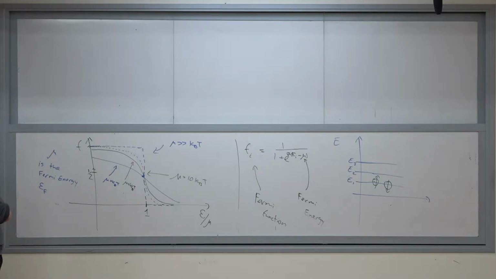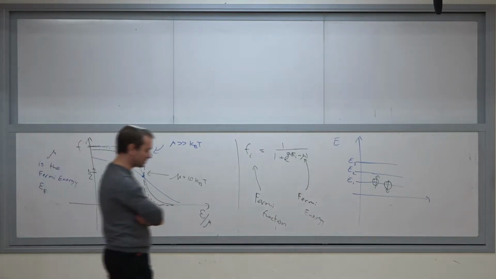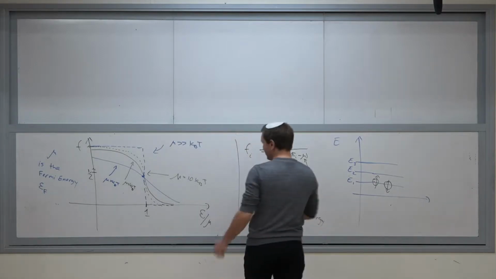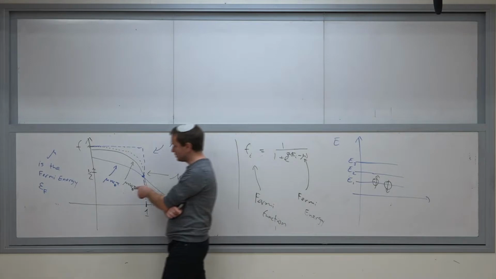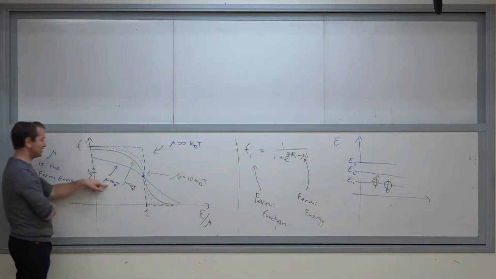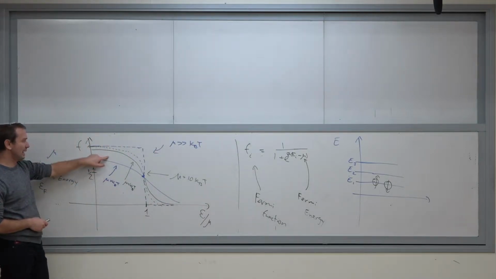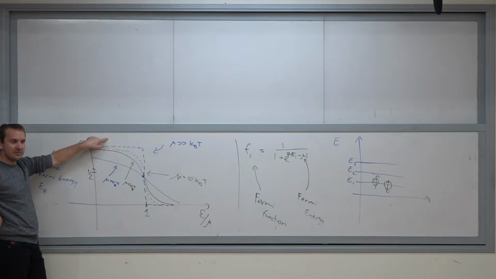What we mean by this is that we decrease or increase the temperature. You can also think of it as actually changing mu and keeping the temperature constant, which is okay.